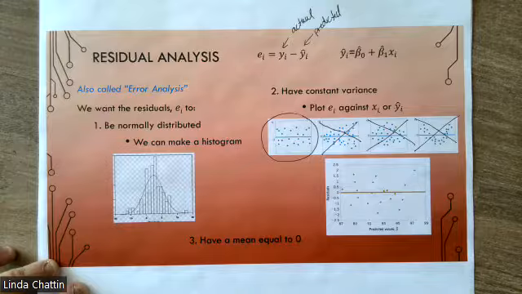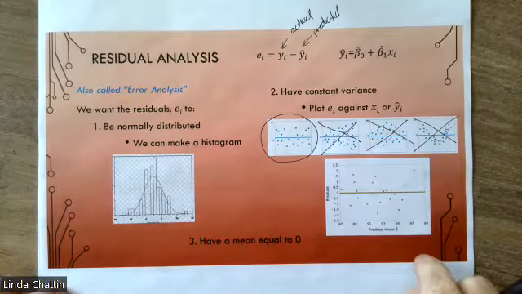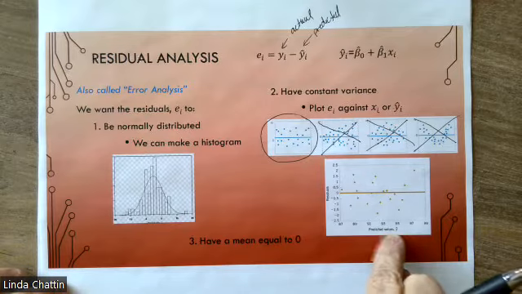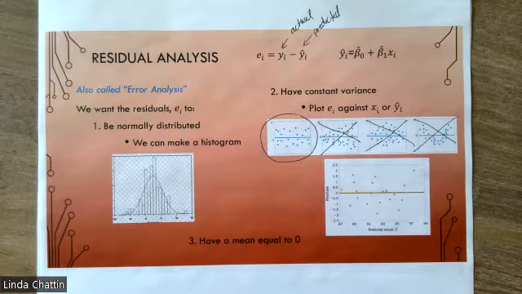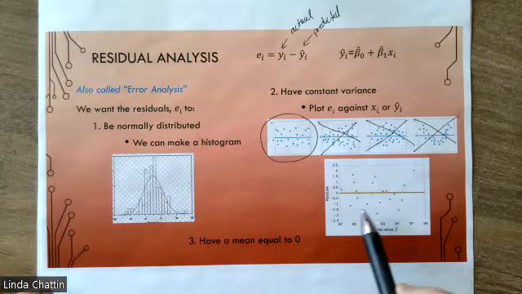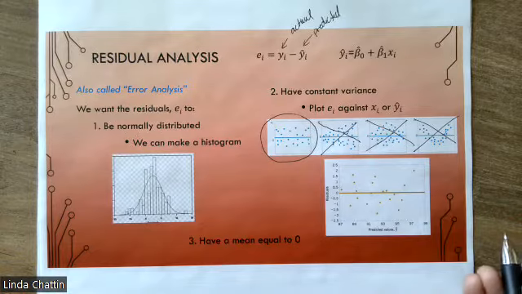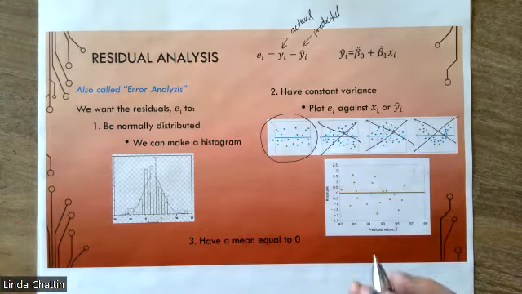Here's another example of my predicted values against the residuals. And then finally, we would also like to know that our mean residuals are equal to 0. You can kind of see that if I were to average all of these values of my residuals, it's going to come out pretty close to 0.